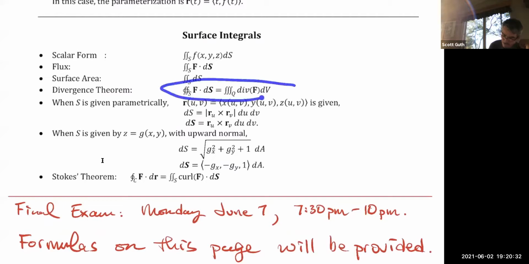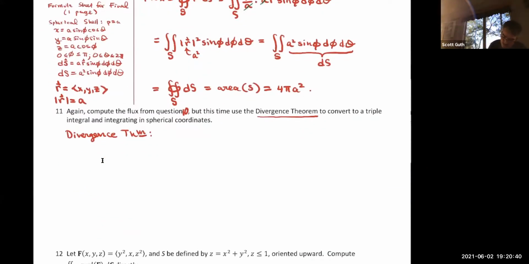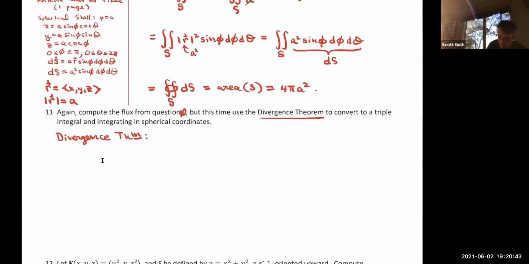So I'm going to copy down the divergence theorem here. The divergence theorem says that if you've got this surface integral over a closed surface with an outward normal of F dotted with the vector surface differential, you can convert this to a triple integral of the divergence of the field and then just integrate dV.